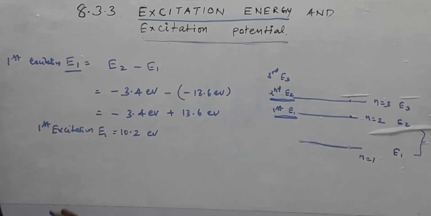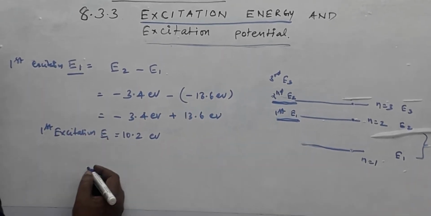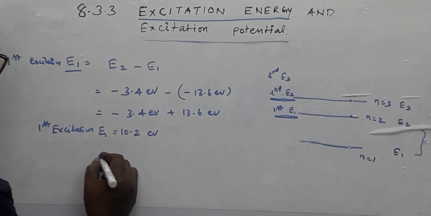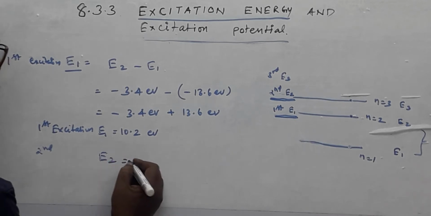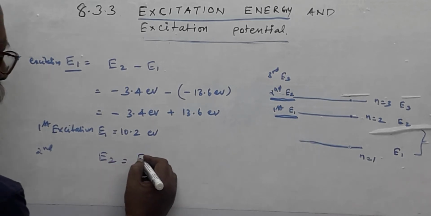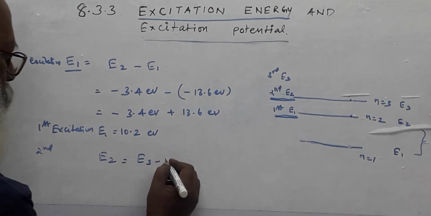In the same manner, if you want to find the second excitation energy, that is E3 minus E1.